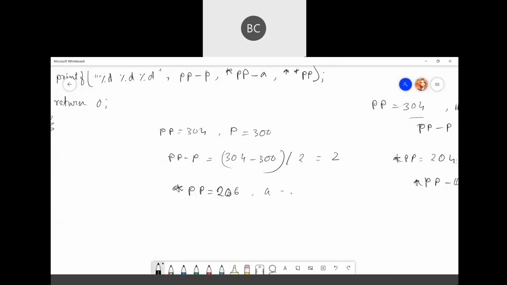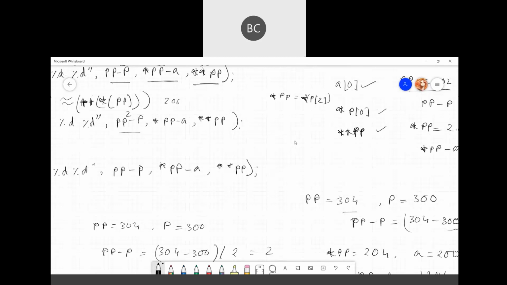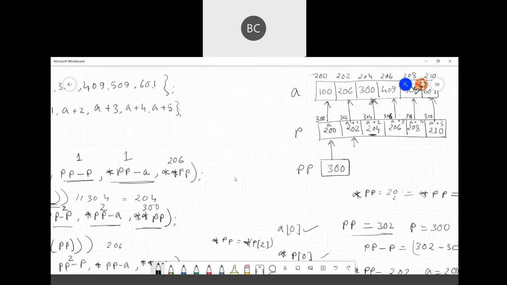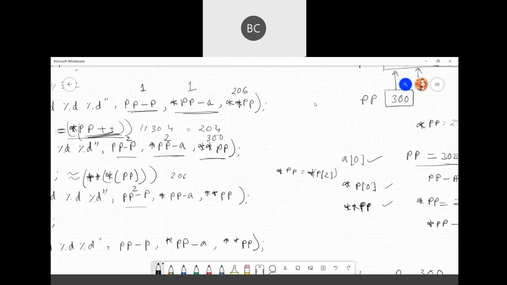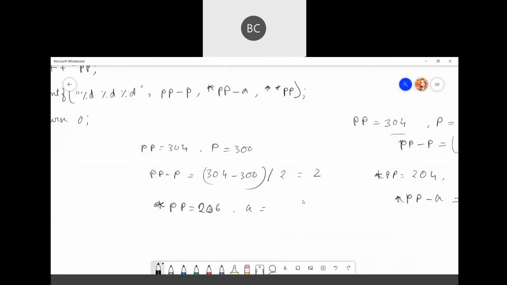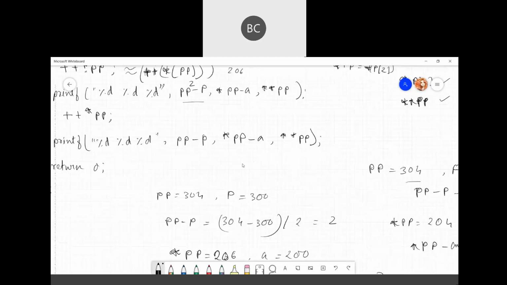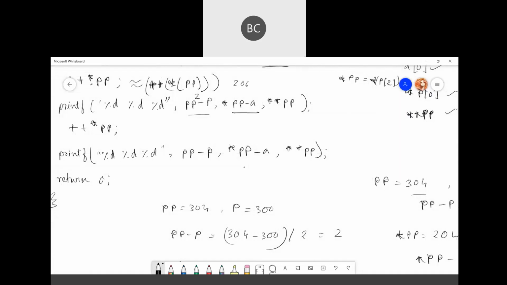And A is 200. So your pointer PP minus A will be 206 minus 200, divided by 2. So 6 divided by 2 will be 3. So here you will get the answer 3.